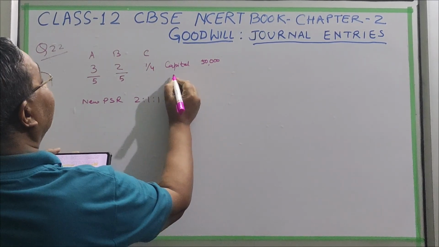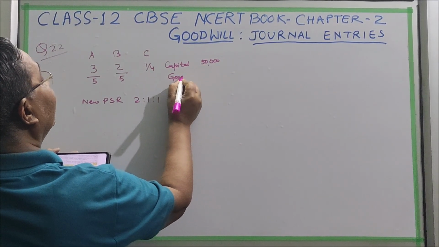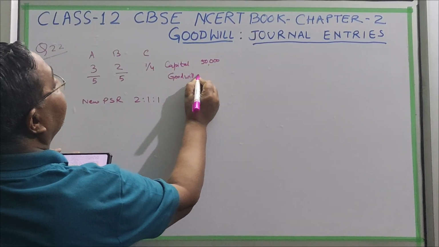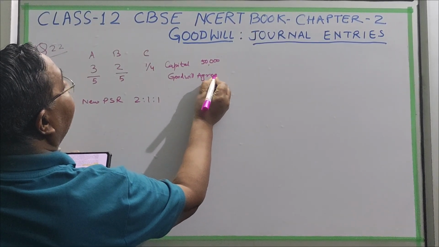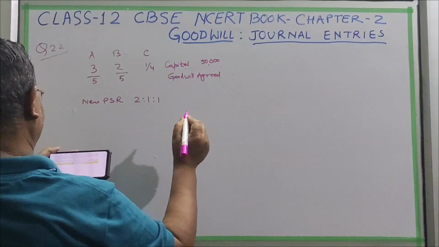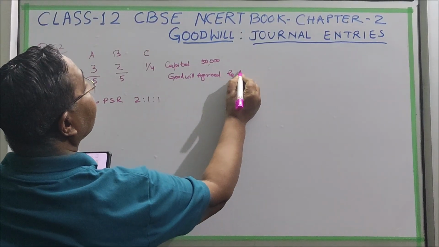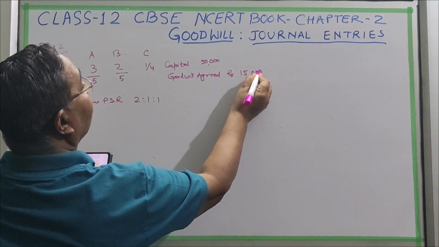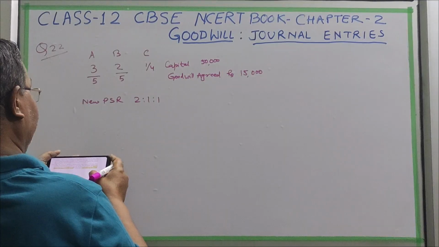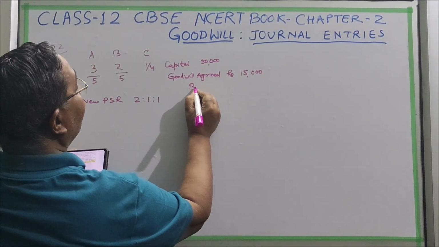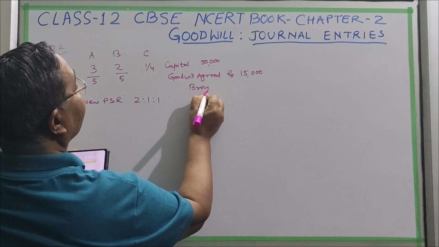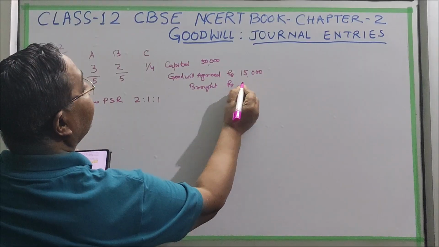and goodwill agreed. Goodwill agreed means he is ready to pay goodwill but has not paid. He agreed to pay rupees 15,000 but brought only rupees 10,000.